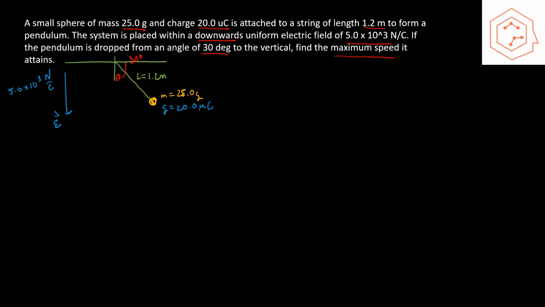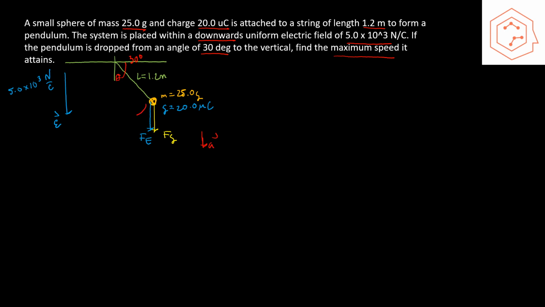Well, if we consider the free body diagram of our mass, it's subject to the gravitational force going down. And since it's positively charged and the electrical field is going downwards, the electrical force is also going downwards, and so its net acceleration is always going to be downwards.